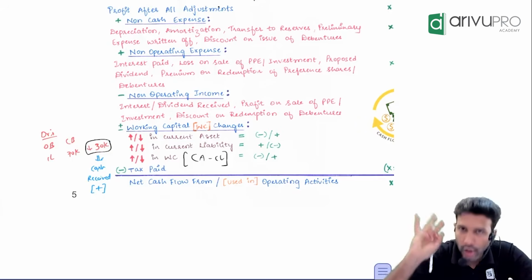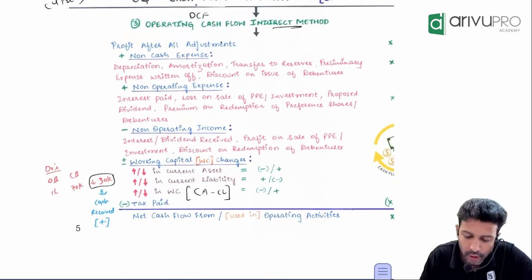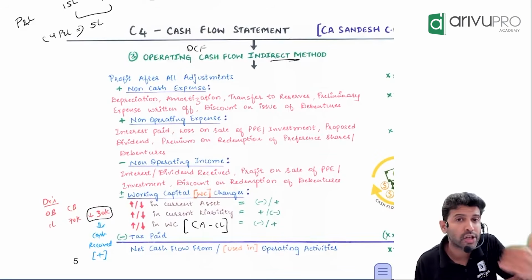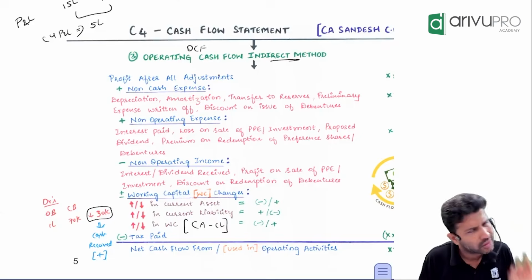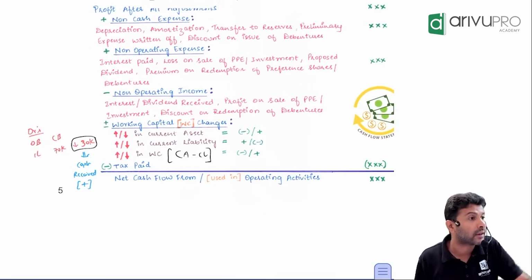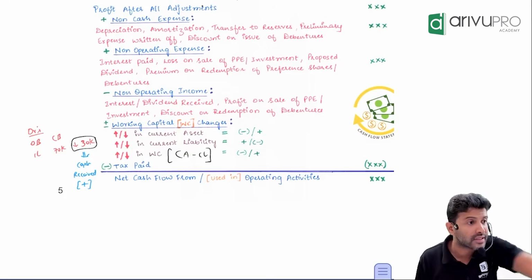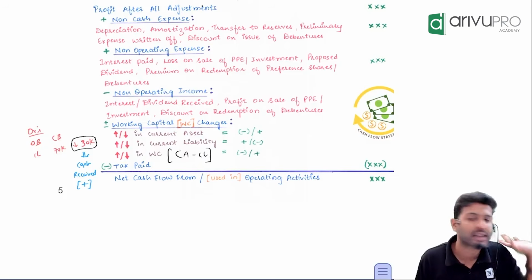But if they don't give any information, tax paid we always put under operating cash flow, because the majority of the tax we pay to the government is based on our operations. Hence, as a thumb rule, we show tax under operating activity if information is not available. If they say this tax is LTCG, then we show tax under investing activity.